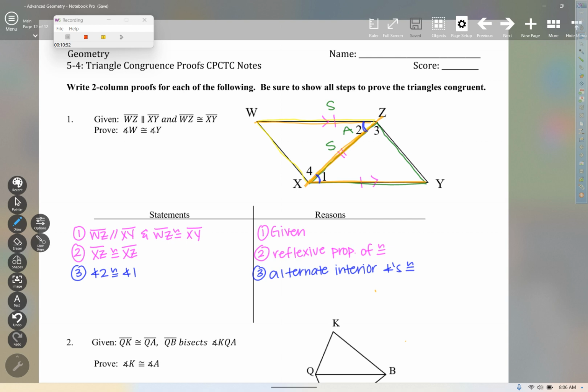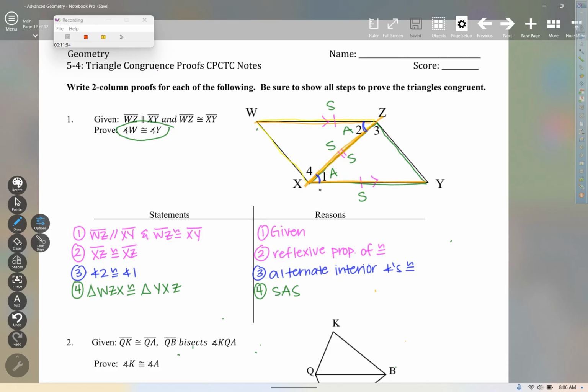So step 4, you're going to notice in the prove, it doesn't tell me to prove triangles congruent. It has me proving angles congruent. So that's going to be my CPCTC step at the end. So I'm going to go ahead and say triangle WZX is congruent to, and we have to match it, so it would be triangle, I went from W into Z out to X, and then I need to go from Y into X and then out to Z. And they were congruent because of side, angle, side.